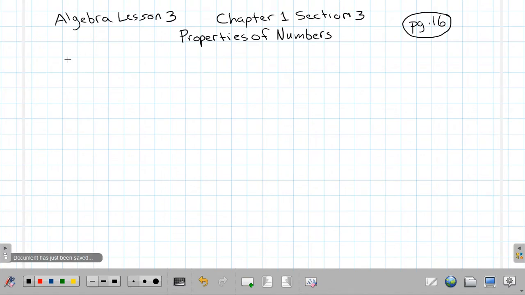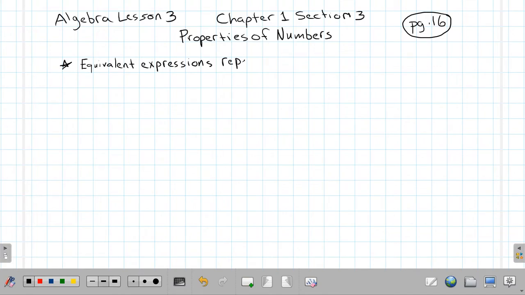So the first thing that we got to talk about in this section, okay, is that equivalent expressions represent the same number.